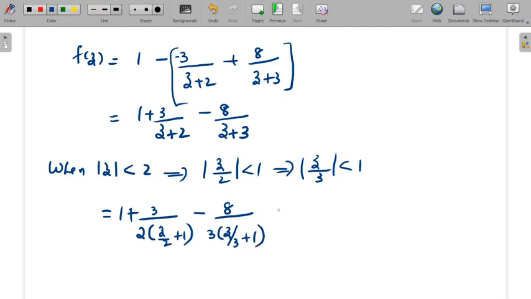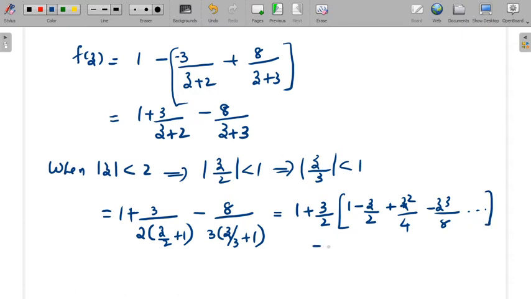So we can write the series as 1 plus 3 by 2 into the expansion of 1 by 1 plus z by 2, which is 1 minus z by 2 plus z square by 4 minus z cube by 8, etc. And the second term minus 8 by 3 into 1 by 1 plus z by 3 is 1 minus z by 3 plus z square by 9 minus z cube by 27, etc. Now you combine similar terms and write the series.